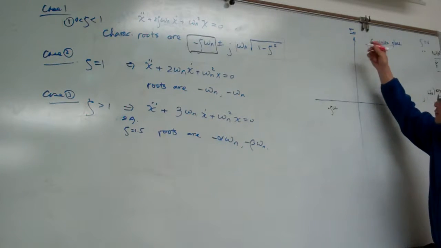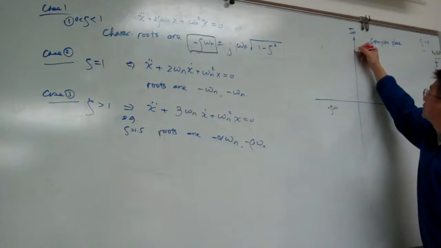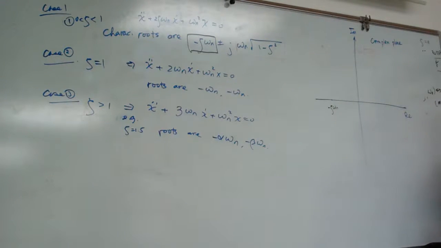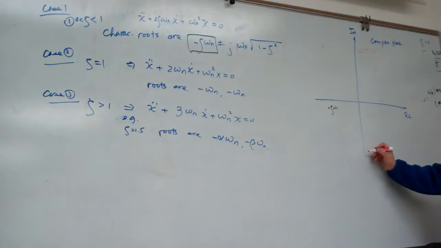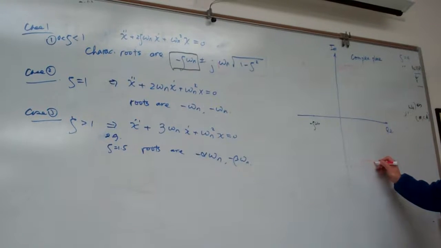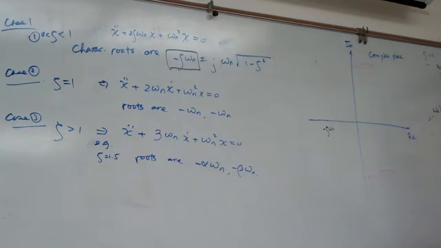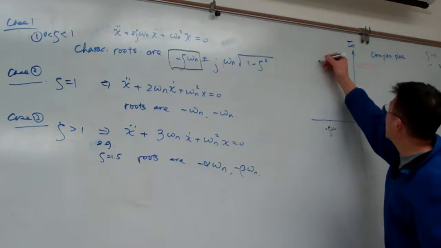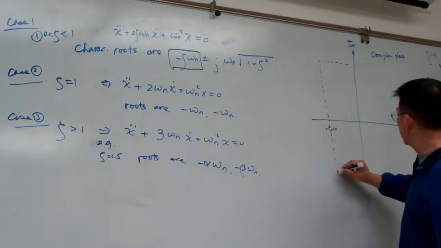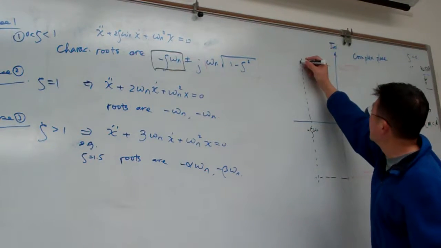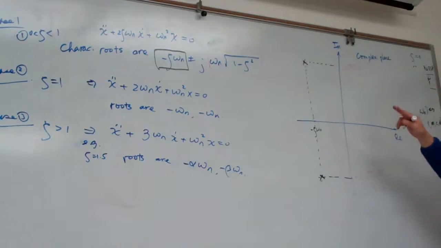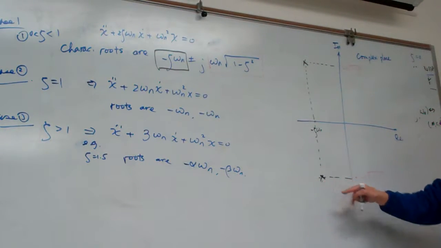So let me put here omega n times the square root of 1 minus zeta squared, and this is minus omega n times the square root of 1 minus zeta squared. So the roots corresponding to this one are here and here. I use x as the mark for the location of the roots.